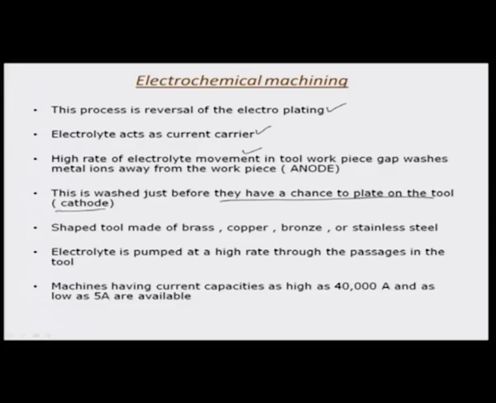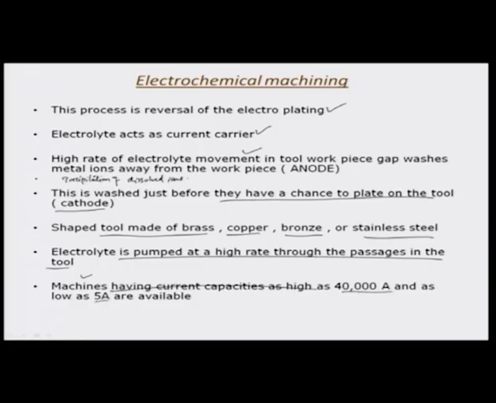Okay. And in fact, there is another step in between where there is a precipitation of dissolved ions. The tools are typically made up of conducting materials, brass, copper, bronze, stainless steel, and electrolyte is pumped at a high rate through passages in the tool, and machining having current capabilities of as high as 40 kiloamperes to about 5 amperes are available.